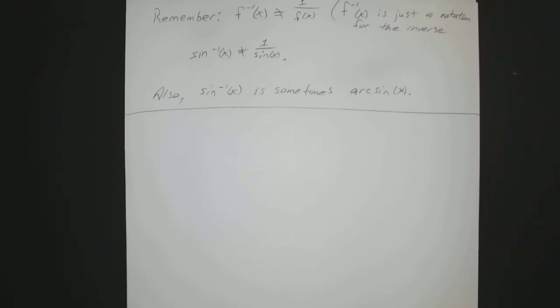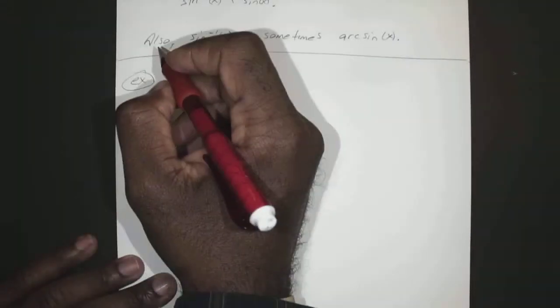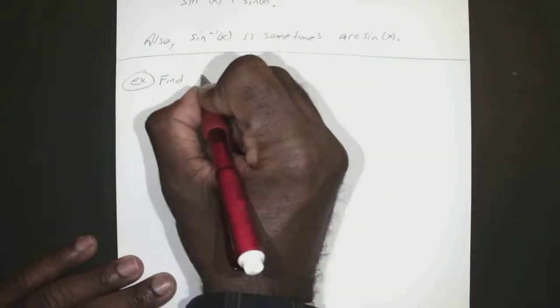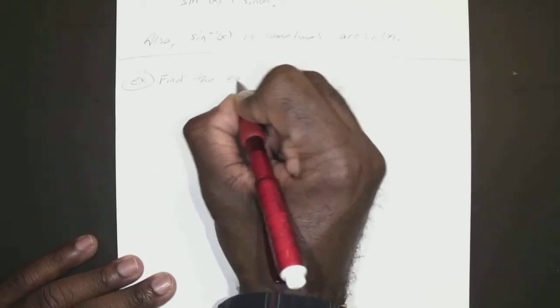Okay, so let's say, for example, and actually solving it is a whole lot easier than coming up with everything. Let's say you want to find the exact value.